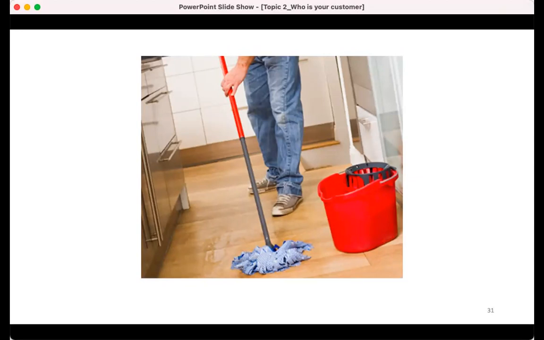You have to pour the detergent into the pail of water that you have prepared, and then you have to mix it, stir it, and prepare it to mop the floor. So quite a number of steps are involved here. Look at what she does.